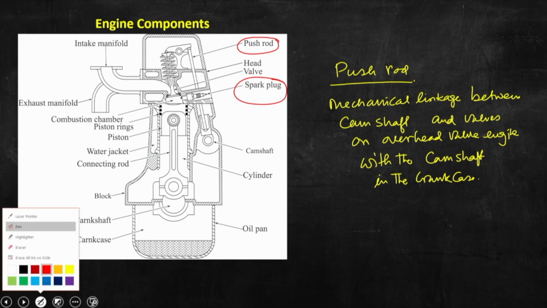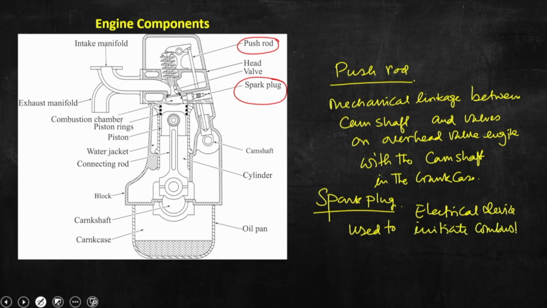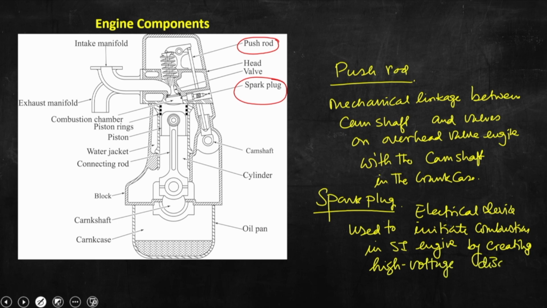So, if I write here: electrical device, used to initiate combustion in SI engine by creating high voltage discharge spark across the electrode gap.